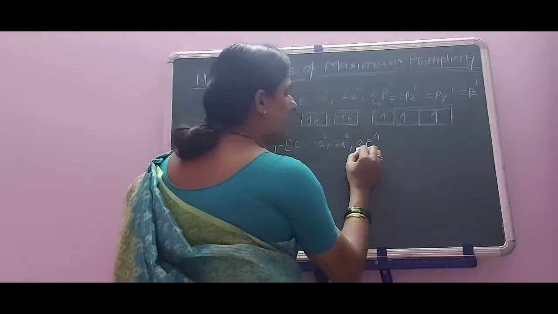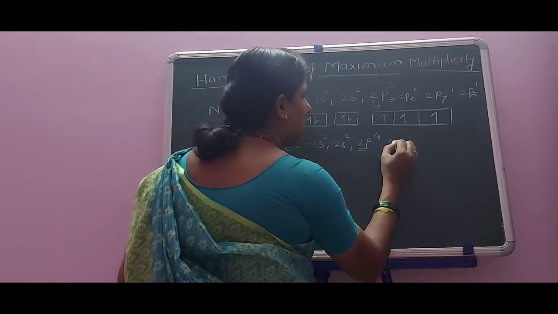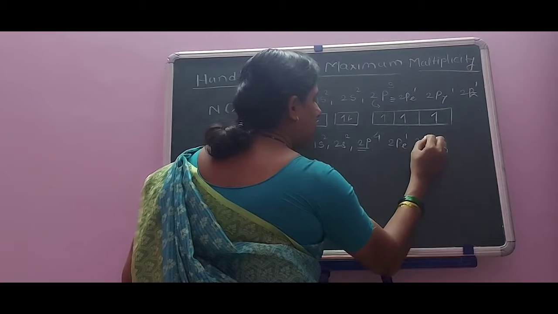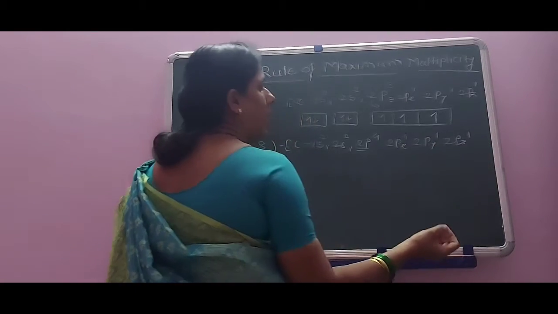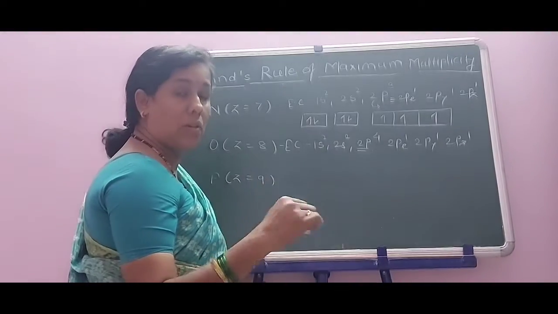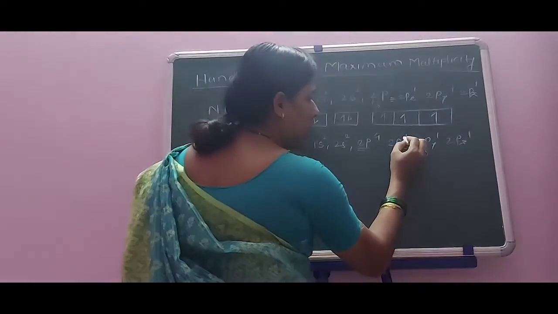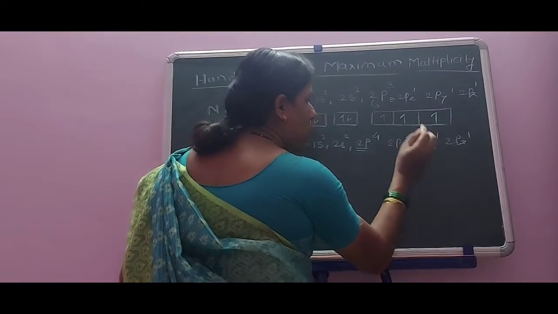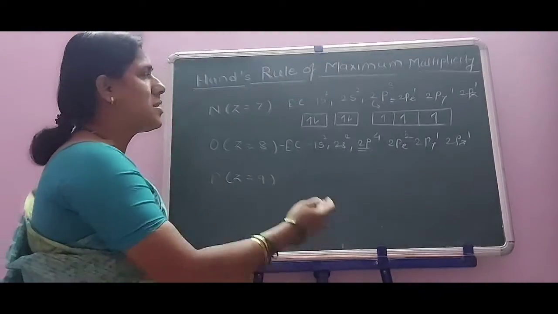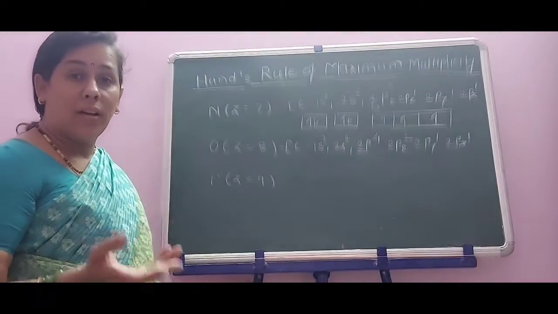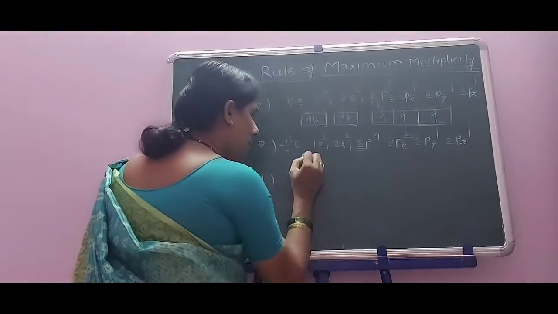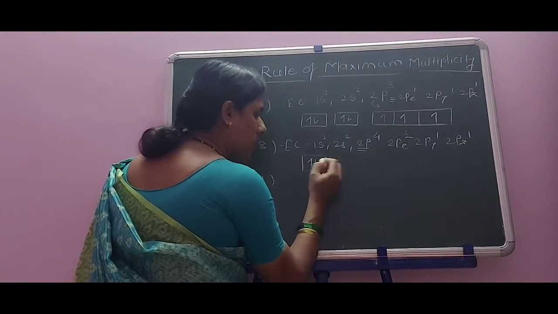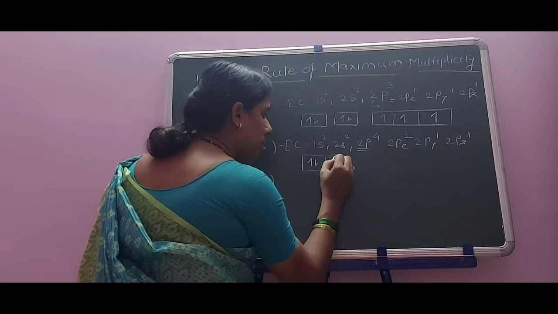We can write it as 2px1, 2py1, 2pz1, and another electron goes for pairing with the 2px electron. Thus, we can write the electronic configuration according to Hund's rule as 1s2, 2s2.